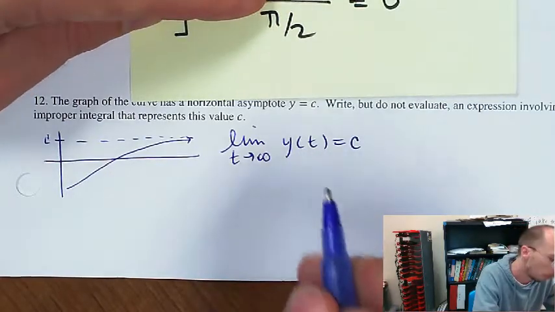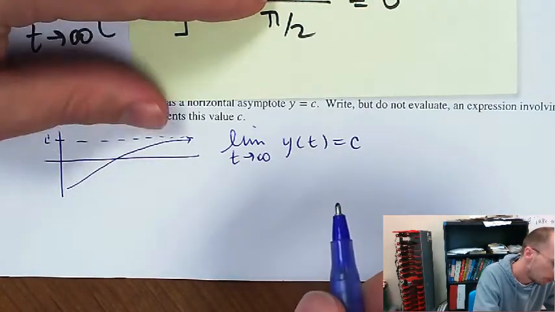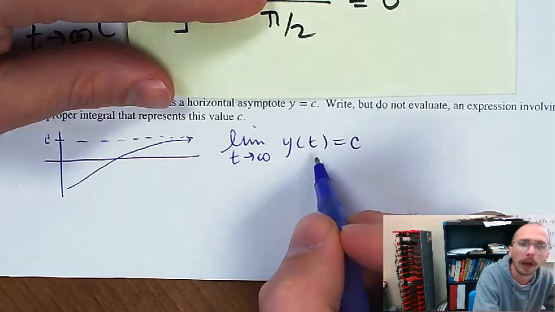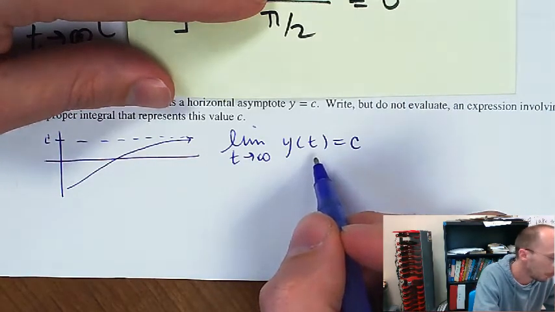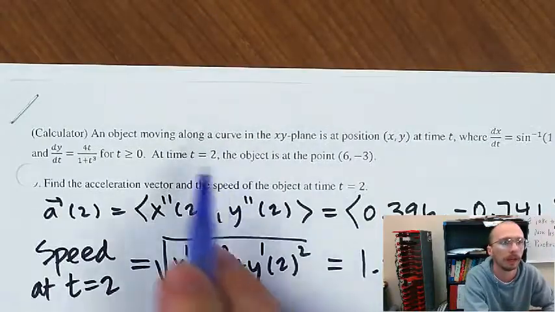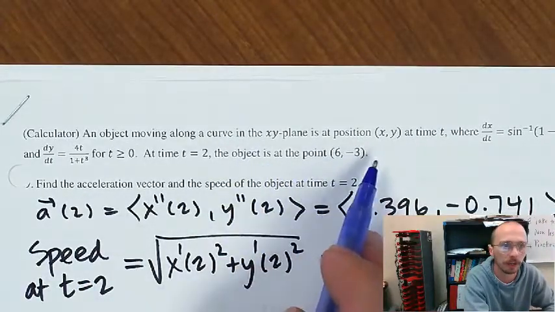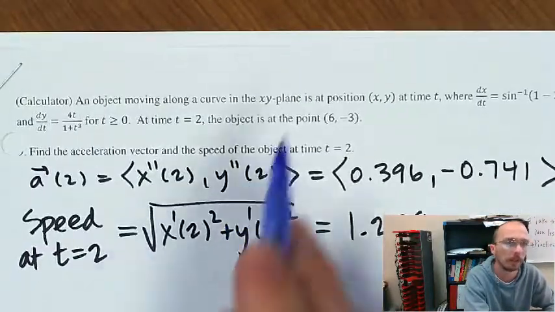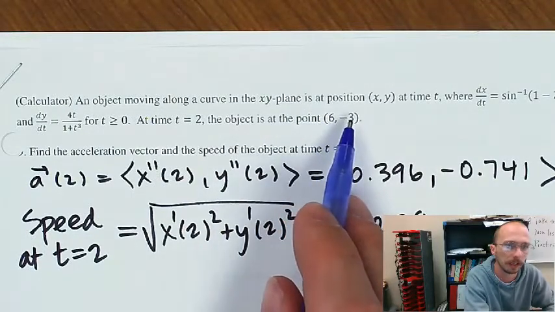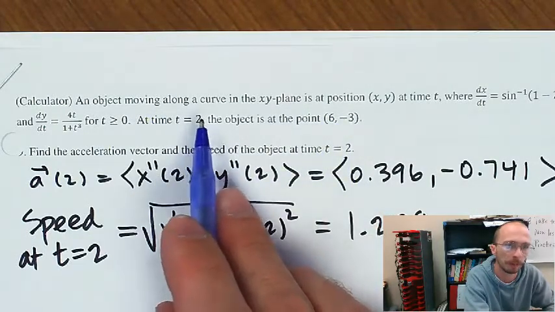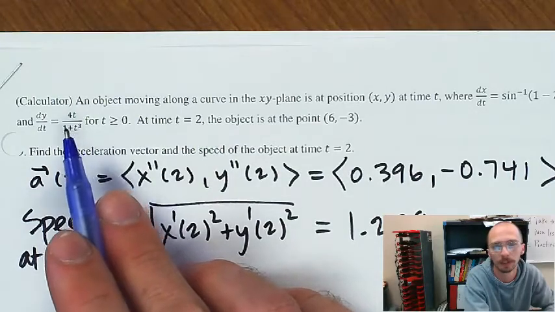Okay? So how do I get y? Especially since I don't really have an expression for y. I'm going to get y with the initial condition and the dy dt. So y of t is -3 plus the integral from 2 up to t of dy dt, except for the dummy variable.